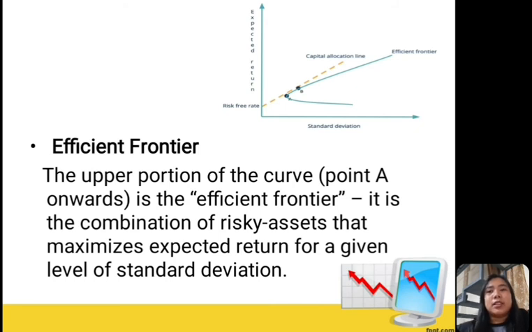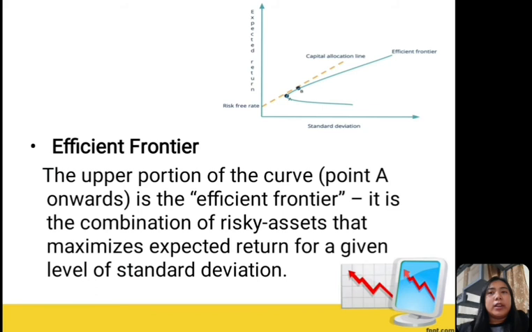Efficient frontier. It is the upper portion of the curve, point A onwards. It is the combination of risky assets that maximizes expected return for a given level of standard deviation. Therefore, any portfolio on this part of the curve offers the best possible expected returns for a given level of risk.